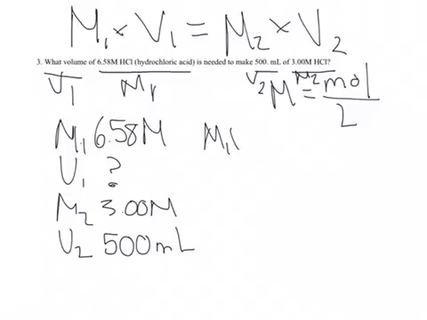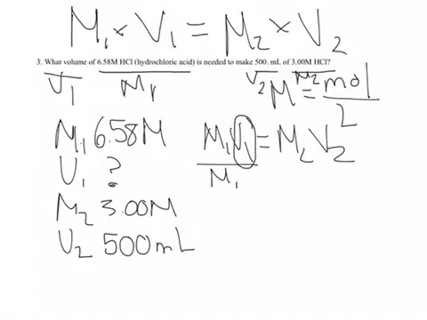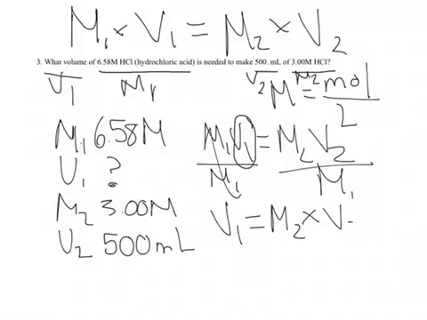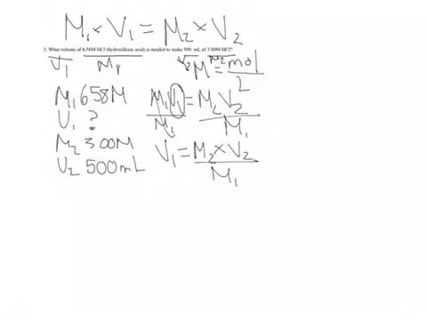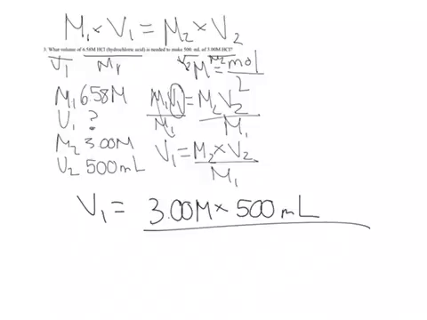So this is algebra. If we need to solve for V1, we're going to isolate it, meaning we need to move M1 away. Well, you do that with opposite operation, division. So to solve V1, it is M2 times V2 over M1. So we're going to plug in our numbers. All right, so V1 is equal to 3 times 500 divided by 6.58.